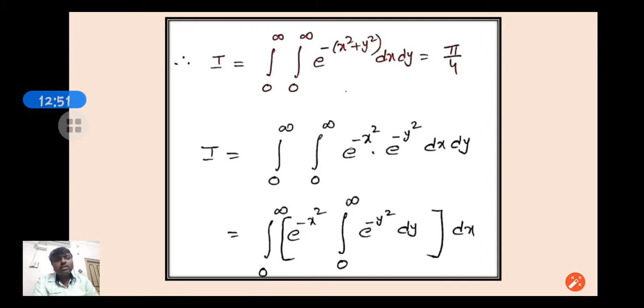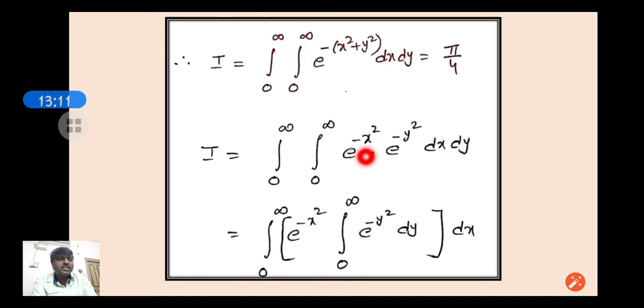One thing you observe is that your limits are constant limits. There are no variable limits. That's why I am saying that these are constant limits. Okay, the internal integration corresponds to y limits, so I am writing integral 0 to infinity e power minus y square dy.